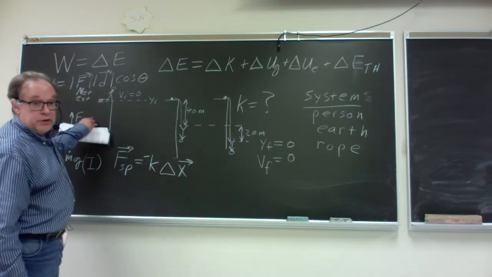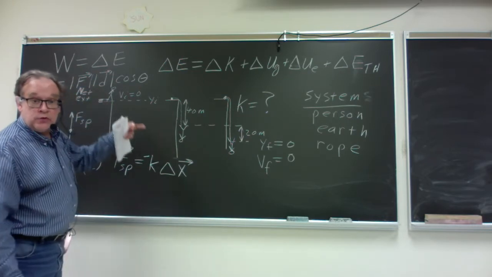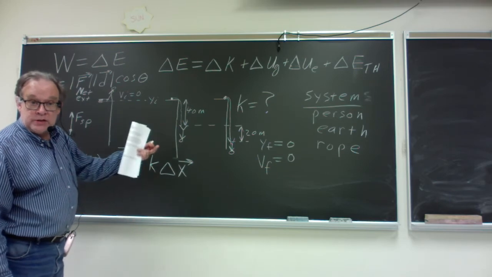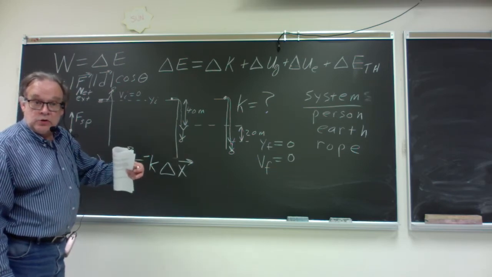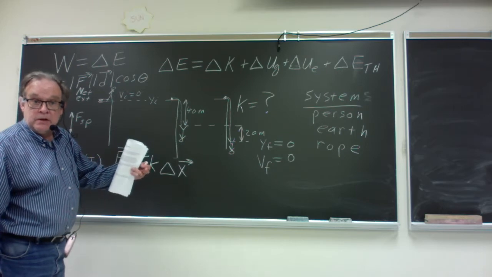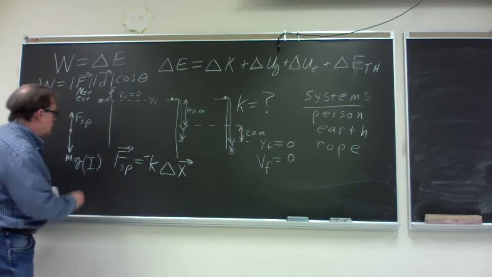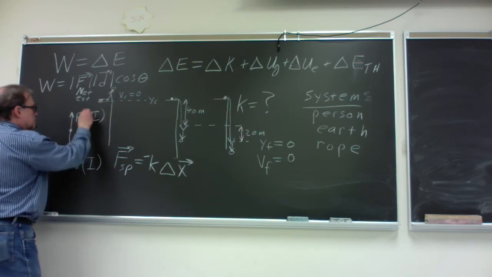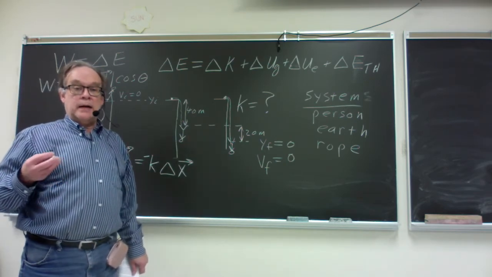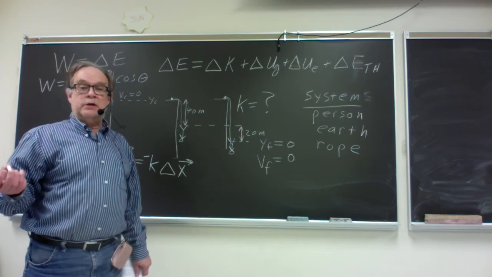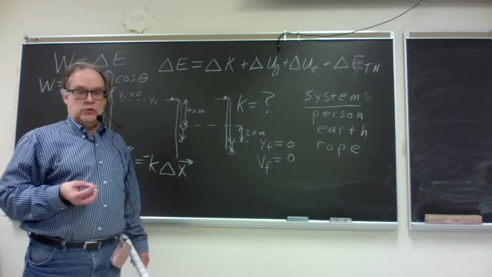And likewise, this force, the spring force, comes from the rope, which is part of the system, and acts on the person who is part of the system. So that's an internal force also. And the important part there is that now all the forces are simply internal forces. There are no external forces.